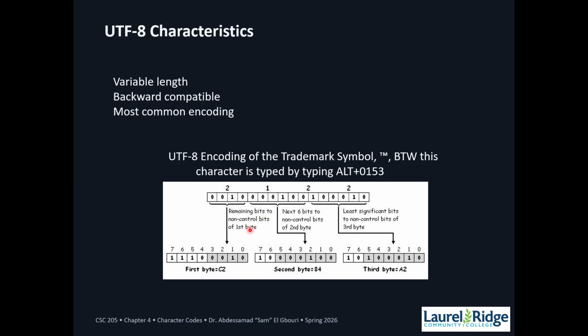The remaining bits go to the non-control bits of the first byte. So you can see this is the representation of the character 2, and the remaining bits will be used for non-control bits. The next 6 bits go to the non-control bits of the second byte, and then the least significant bits to the non-control bits of the third byte.